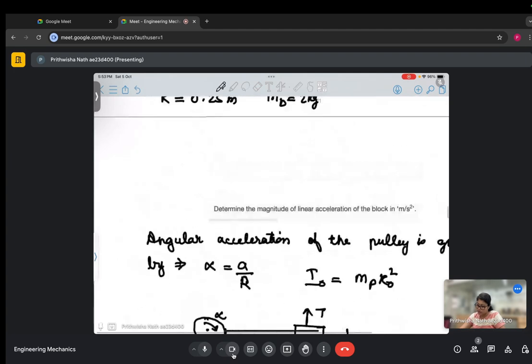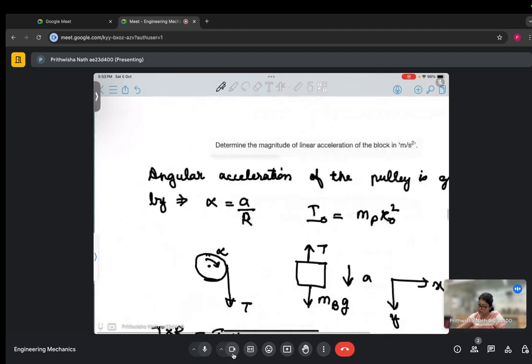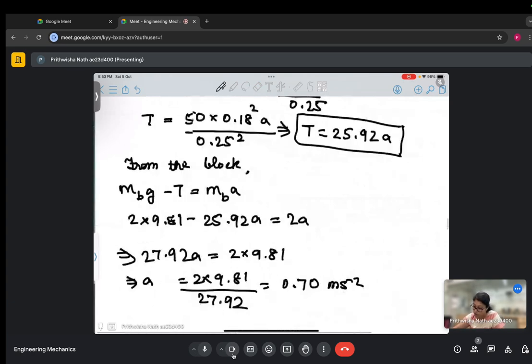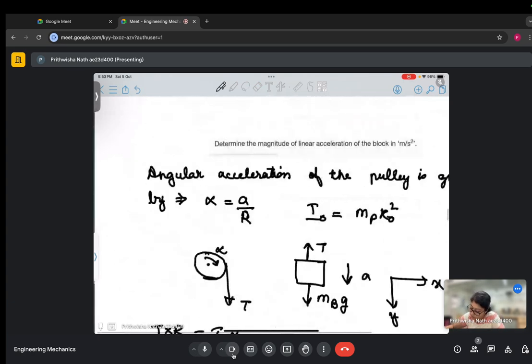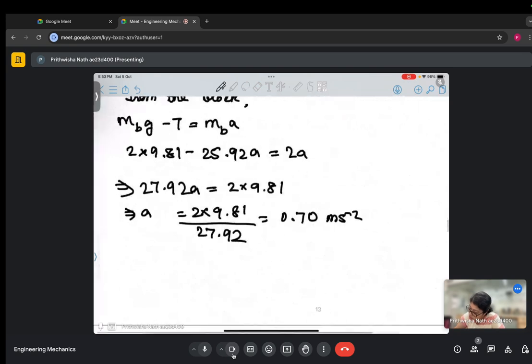Now what is asked in the question? We are asked the linear acceleration. So this is the linear acceleration of the block.